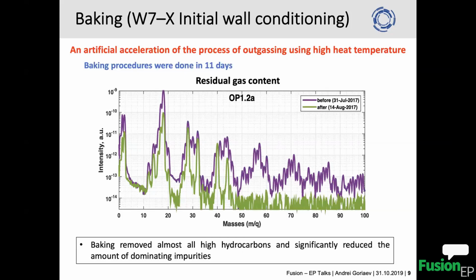It gives information about the residual gas content. If we simplify the results, baking allowed us to reduce the amount of water in the vacuum vessel and to remove all heavy species like high hydrocarbons, some oil left inside, and stuff like this.